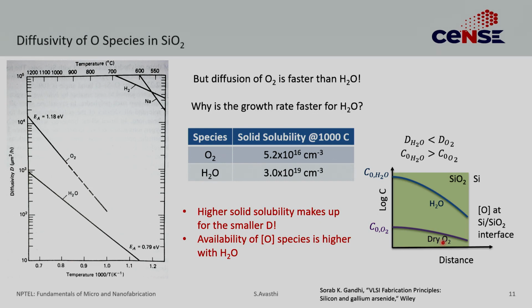So, the profile of oxygen species is much shallower with dry oxygen than it is with water, and that is what allows you to explain this. What matters is this value, because this is the bottleneck, this is what will create your silicon dioxide. The availability of this oxygen species at the interface is higher with water than it is with dry oxide, and that is what explains your higher growth rate.